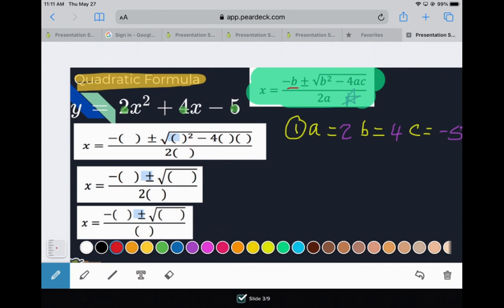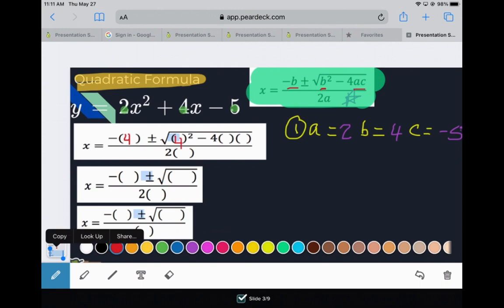The first number right here is B, right? I know B is 4. Notice this is negative B, so I always keep that negative; the parenthesis says this is the number I'm going to replace. Then I move on to my next number, which is also B, so I replace that with 4 as well.